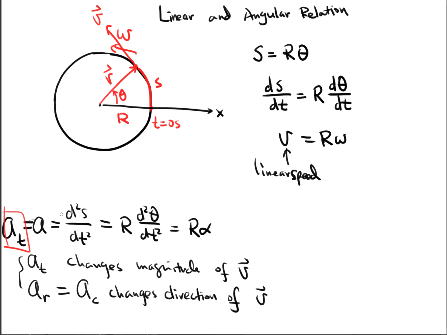So that's why, because this second derivative here means that it's the acceleration that changes linear speed, we should use at here for this acceleration.